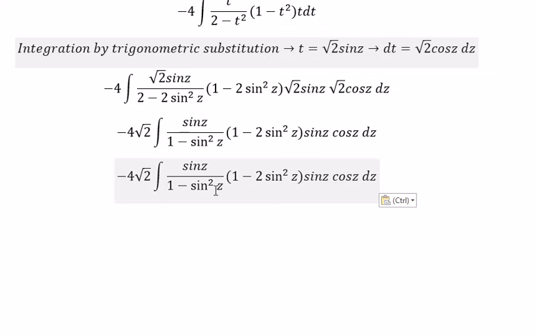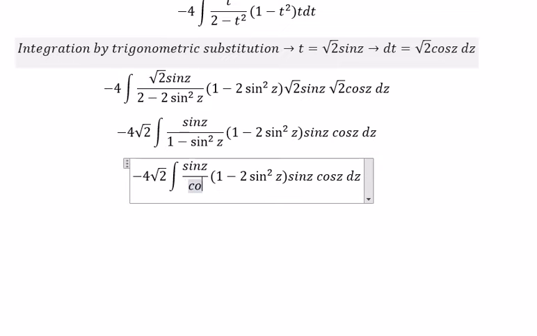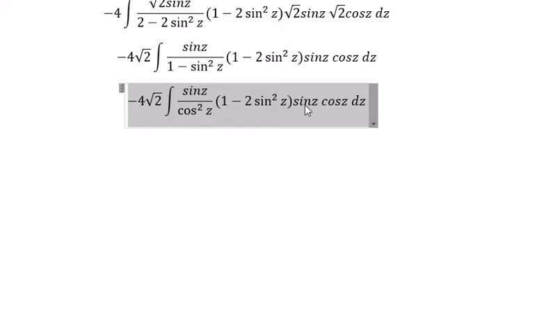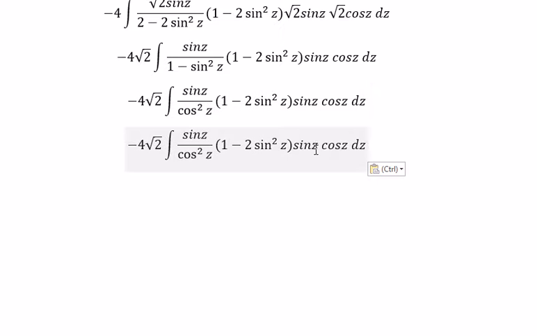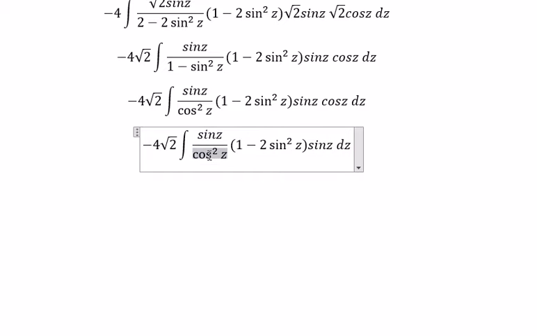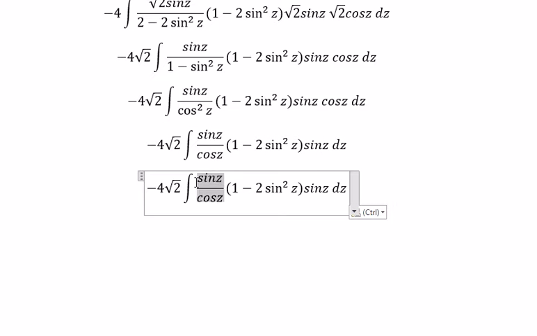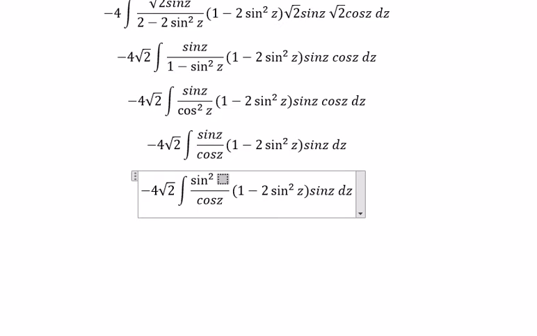One minus sine z to the power of 2, you got cosine z square. Cosine z divide cosine z, you got 1 over cosine z. Next, sine z multiply with sin z, you got sin z to the power of 2.